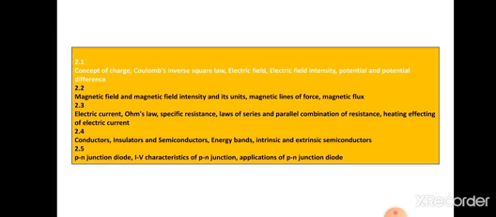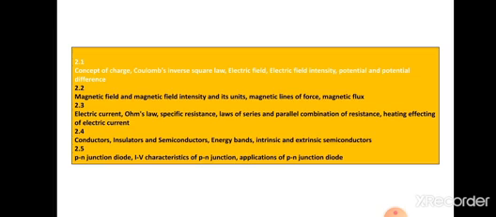Next 2.3 is electric current, Ohm's law, specific resistance, laws of series and parallel combination of resistance, heating effect of electric current. 2.4 is conductors, insulators, semiconductors, energy bands, intrinsic and extrinsic semiconductors.